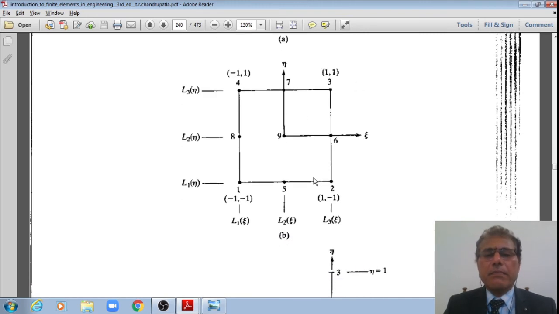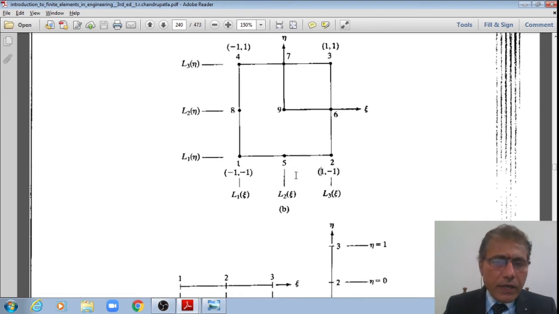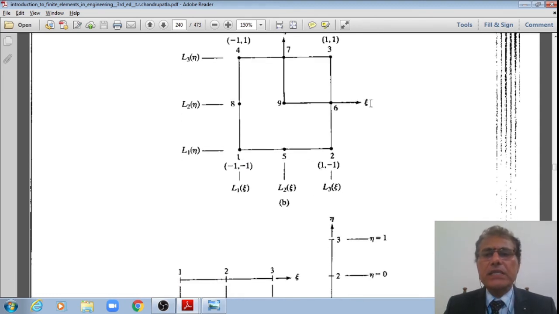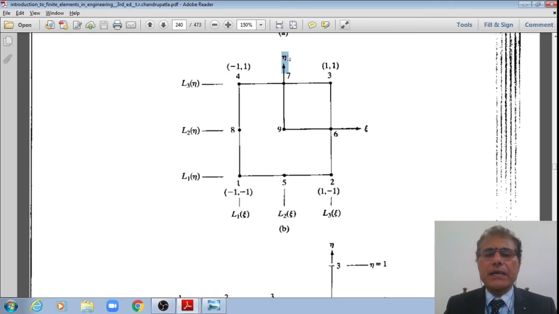That is how my master element is in xi eta space, along with the coordinates in xi eta space: third node as +1 1, fourth node -1 +1, the first node -1 -1, the second node 1 -1 respectively, and other nodes you can write also. But to derive the shape functions, I'll consider the xi as well as eta directions.